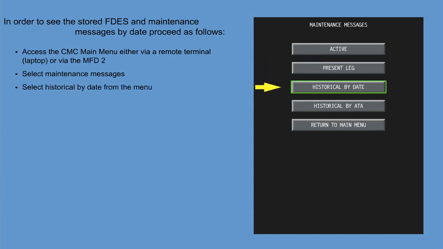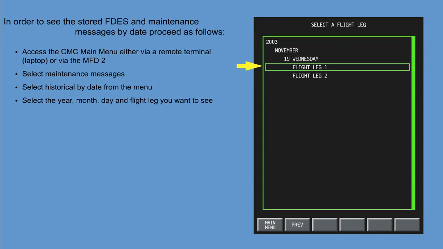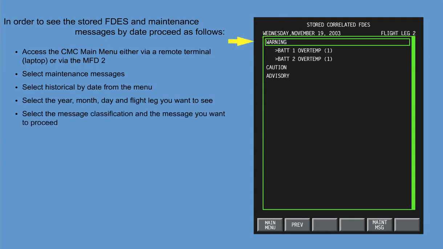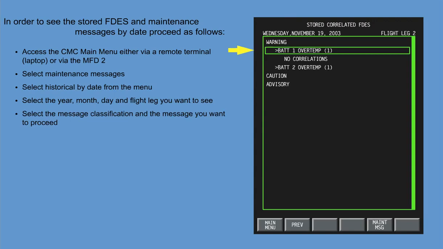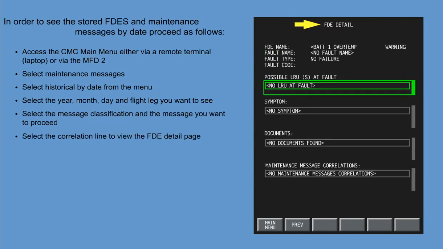This will bring you to the Select a Flight Leg page. Select the year, month, day, and flight leg you want to see. This will bring you to the stored correlated FDES page. Select the message classification and the message you want. Select the correlation line to view the FDE detail page.